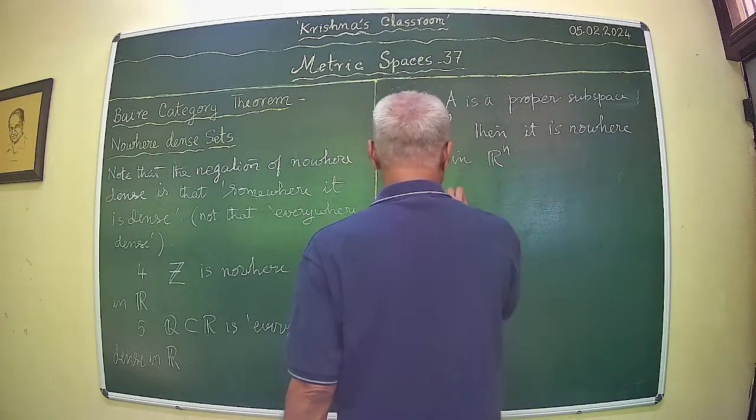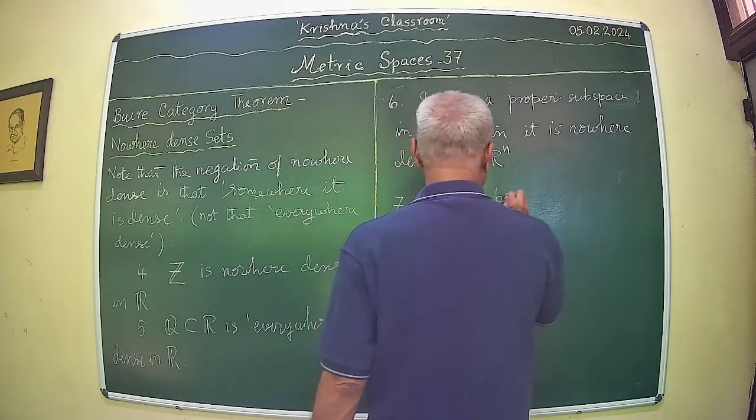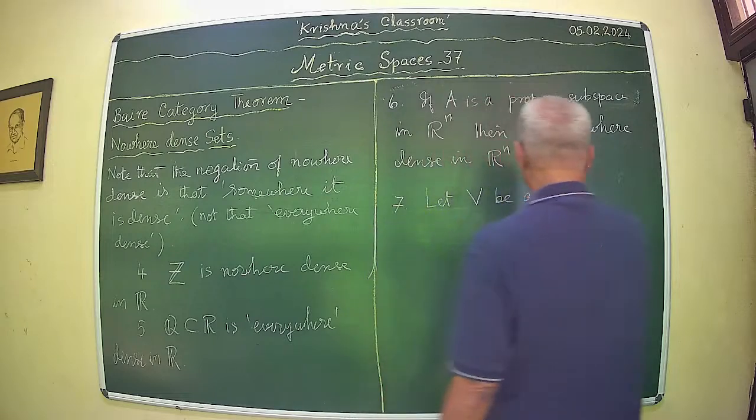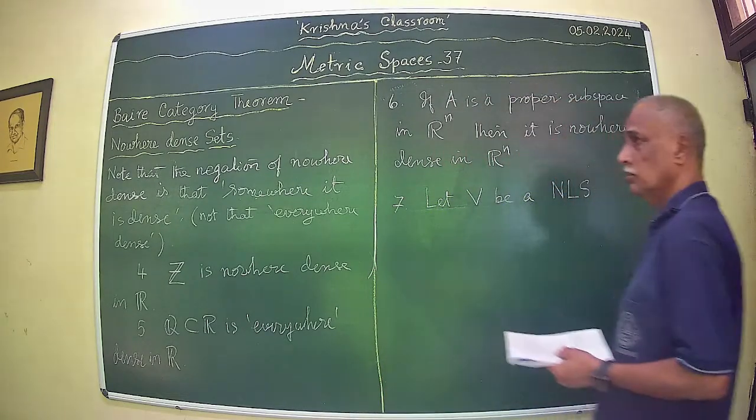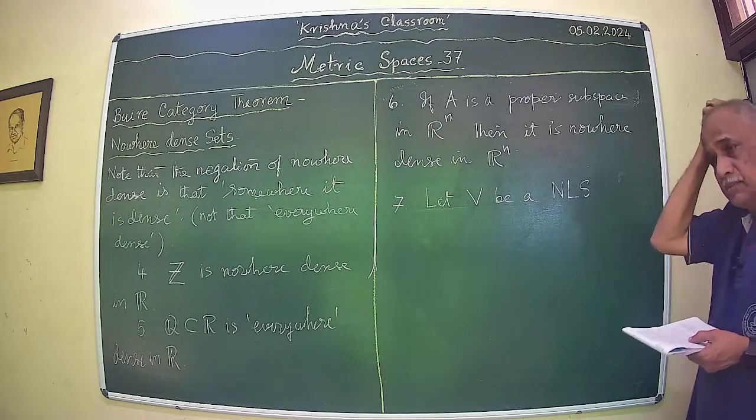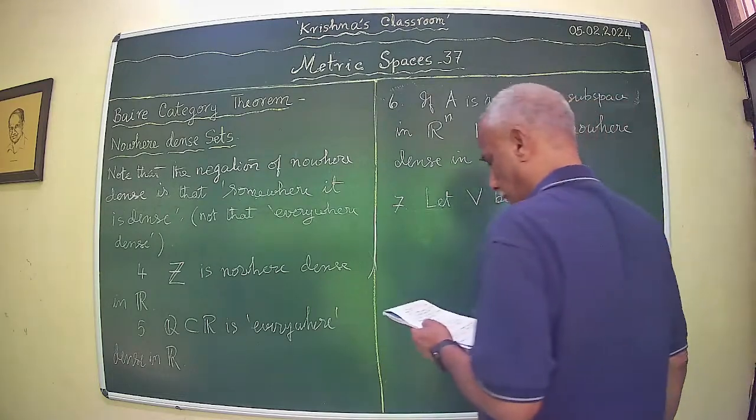Let V be a normed linear space. Then of course it's a topological space. In fact, it's a metric space.